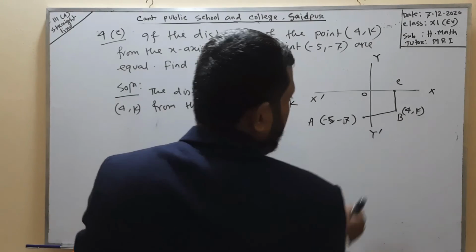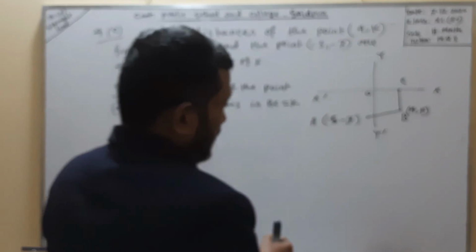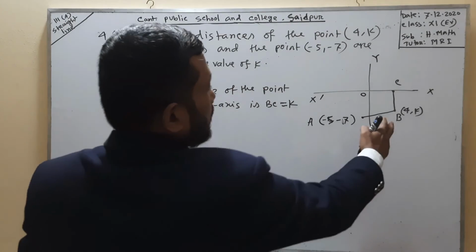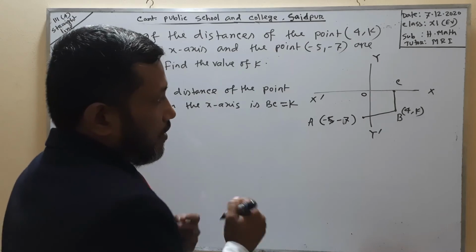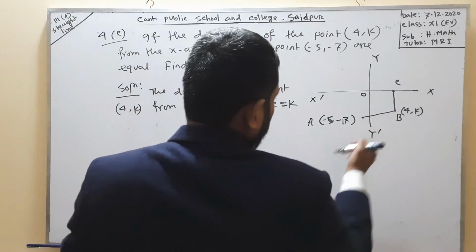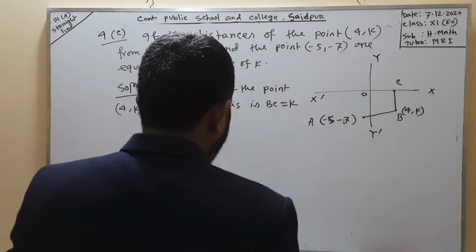Here 4 is the abscissa and k is the ordinate. The distance from B to the x-axis will be the ordinate of this point, that is BC is equal to k.